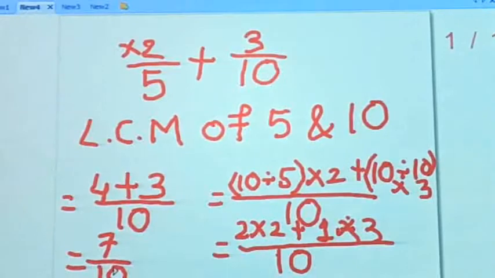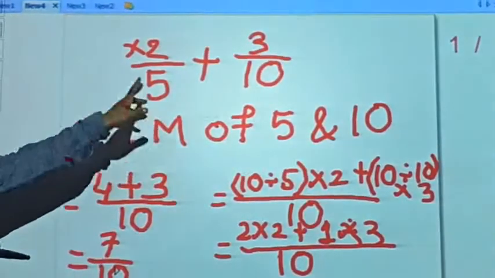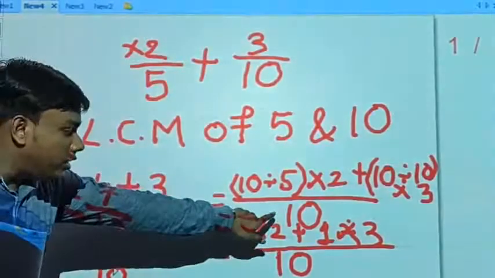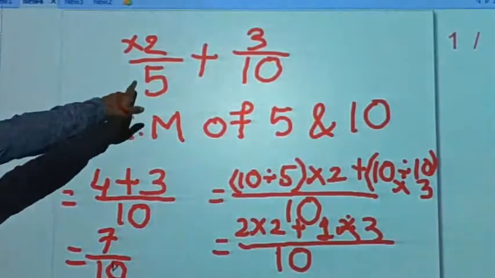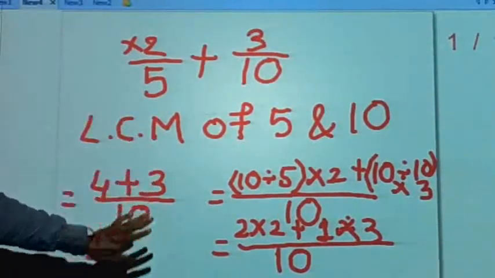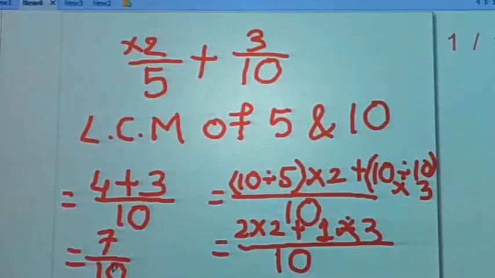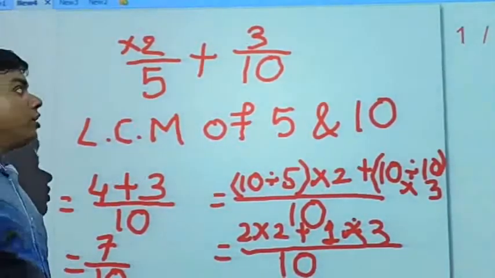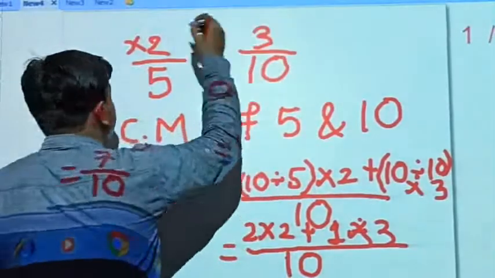First we have to find the LCM of the denominators, then divide the LCM by each denominator and multiply the result by the numerator. These are the steps. Okay, move on to the next problem.